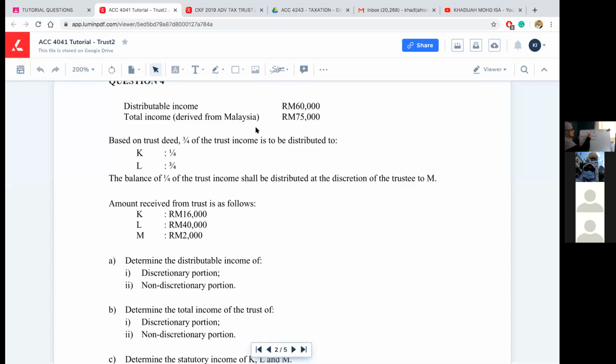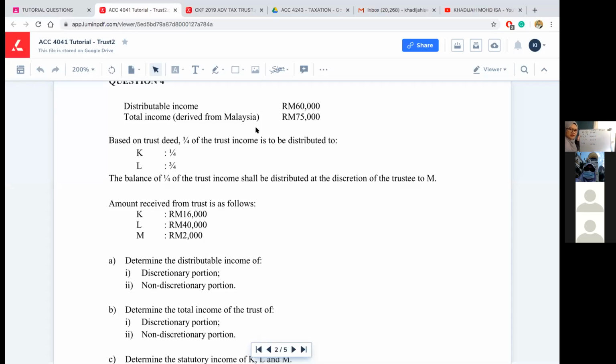M is 1/4 of the 75,000, because 3/4 is the non-discretionary portion. The discretionary portion is left with 1/4 of that 75,000 times 0.25, which is 18,750.